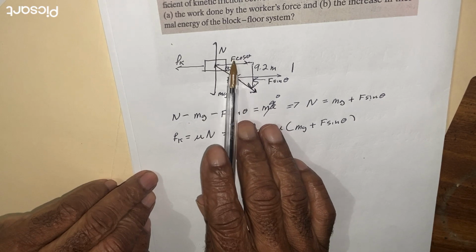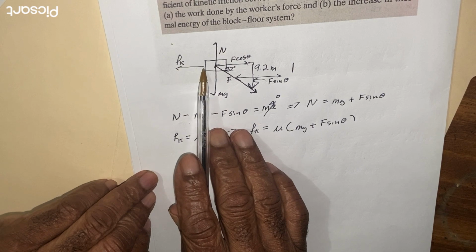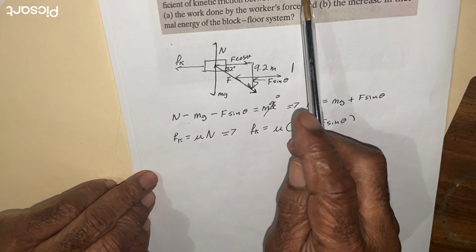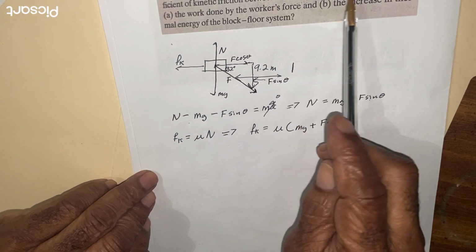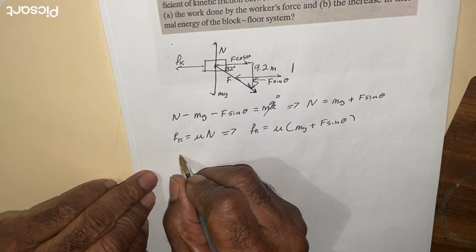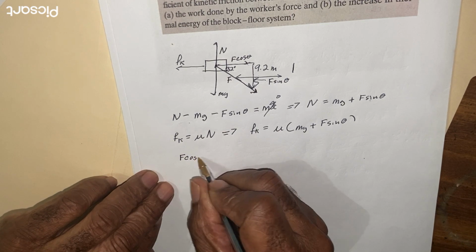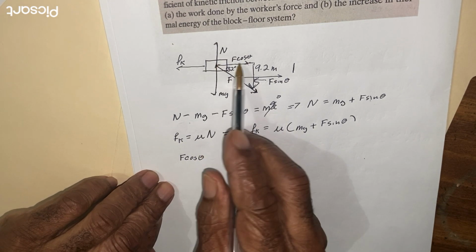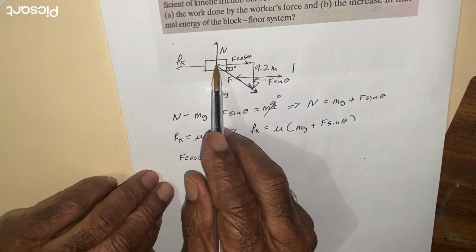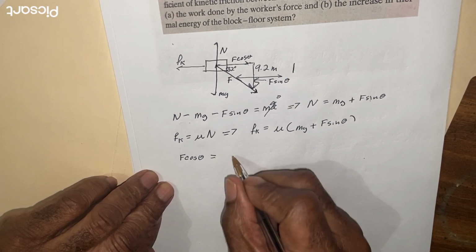At this point, we have F cosine theta equal to F_k, and we know that because the block is being pulled at a constant speed. It's not accelerating. So F_k is equal to F cosine theta because it's being pulled at a constant rate, which is going to equal mu N.